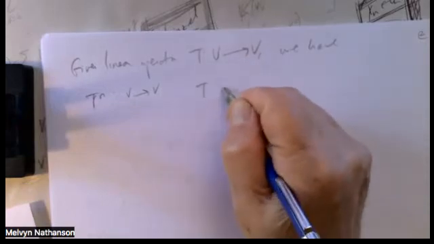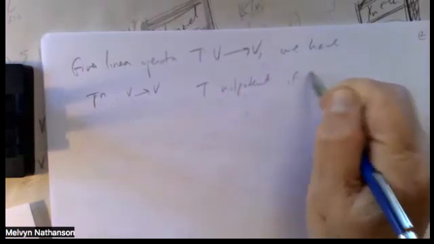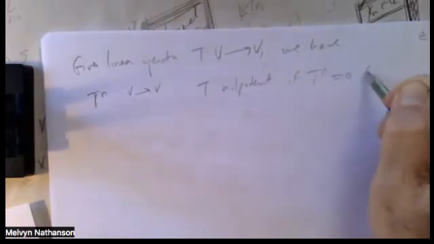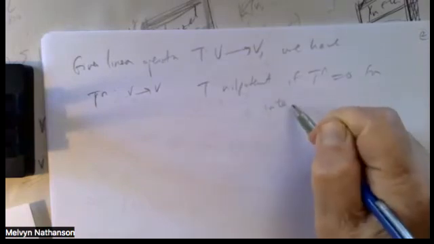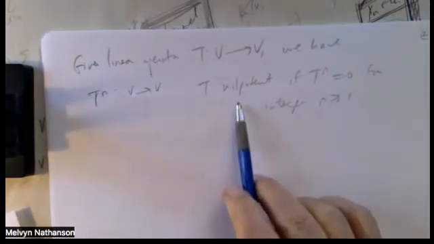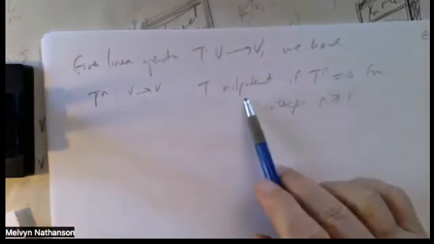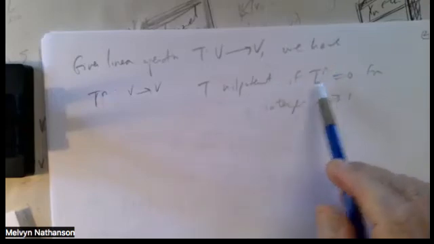So we say that T is nilpotent if T to the r is 0 for some positive integer r. Nilpotent, or a certain power is 0.